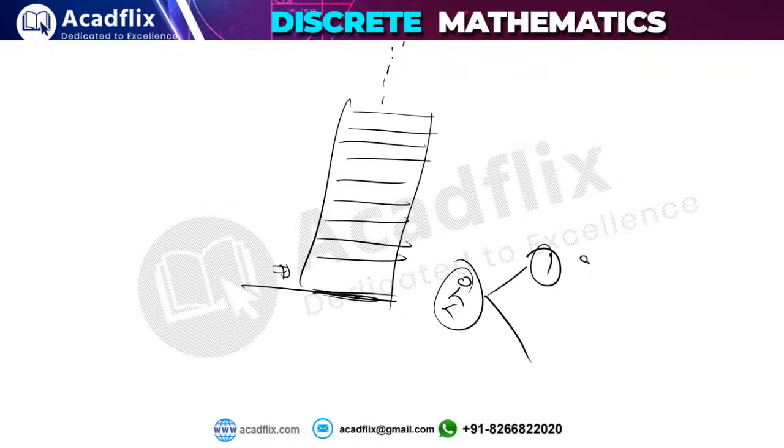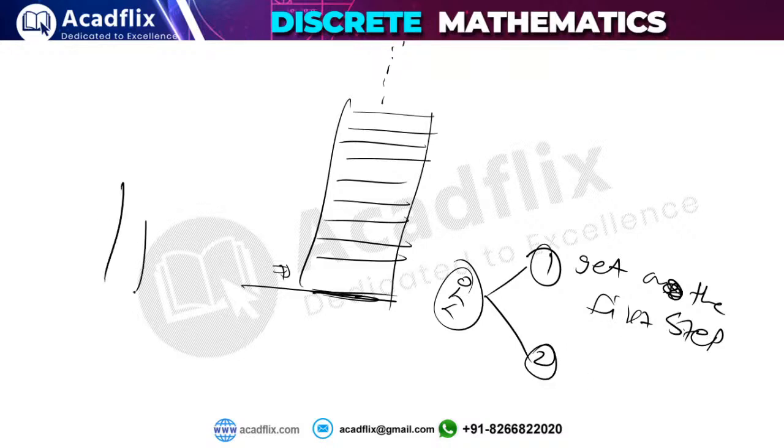You can get onto the first step. This you can easily do. Now the second thing that you can do is, if you are on some step, let's assume you are here, then you can take one more step, just one more step.